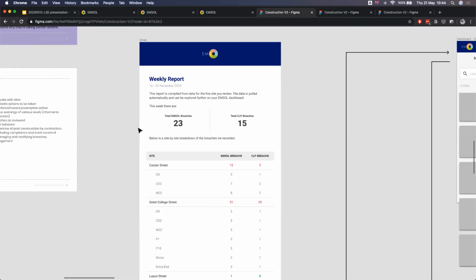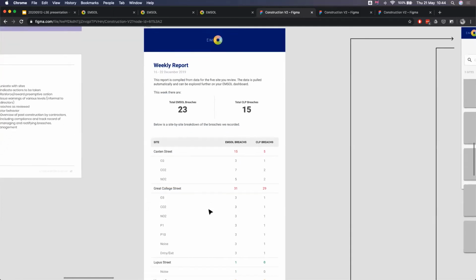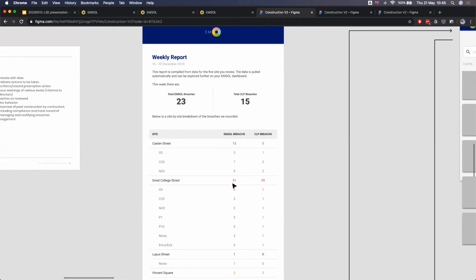So we want to make it really simple for site managers and for local authorities to be able to analyse the data. So this is an example of a weekly report that someone would get showing all of their different sites and how many breaches there were on a particular day, so that they can put their efforts into the most challenging sites in terms of air quality.